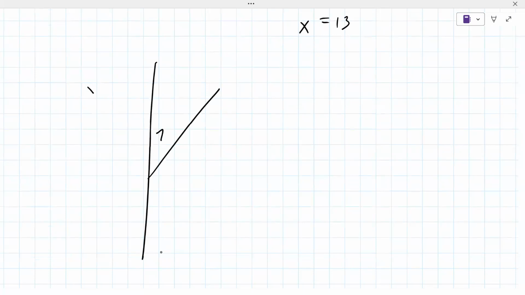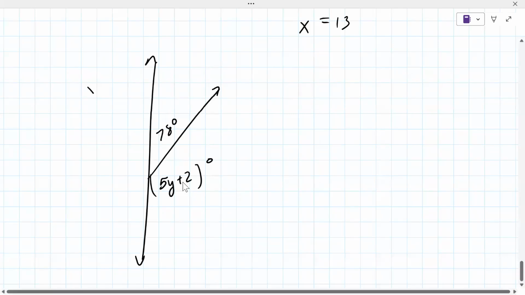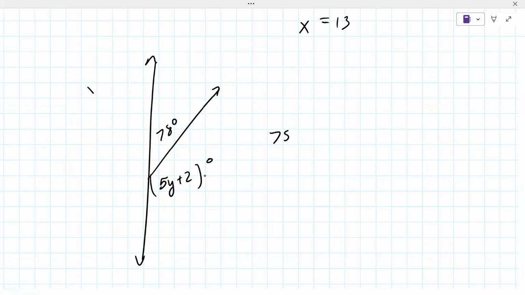It's 78 degrees and then 5y plus 2. So I'm trying to show you that the orientation doesn't matter, which way it's going, up, down, left, right. If you see two angles on a line, what do they add up to? 180. So 78 plus 5y plus 2 equals 180. So go ahead and try solving this for y, please.